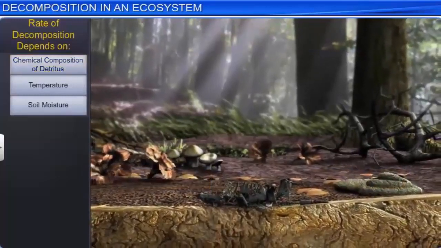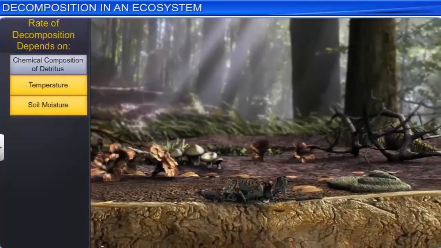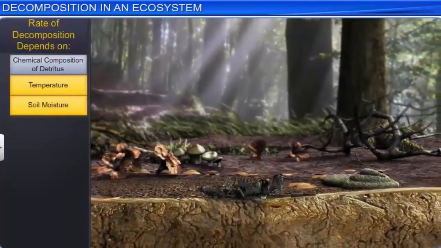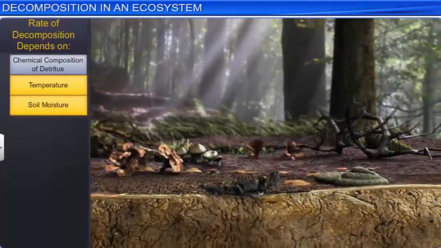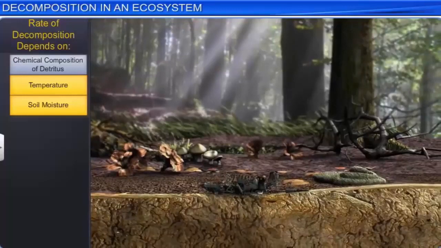Climatic conditions such as temperature and soil moisture affect the activity of microbes, thus affecting the rate of decomposition.